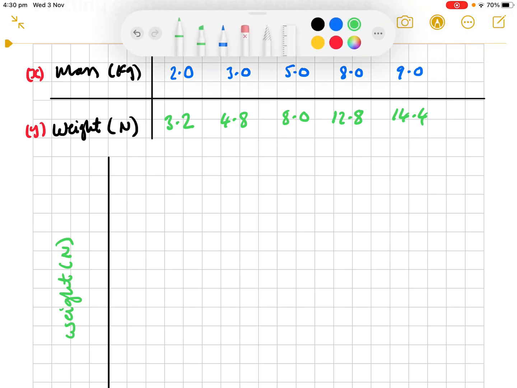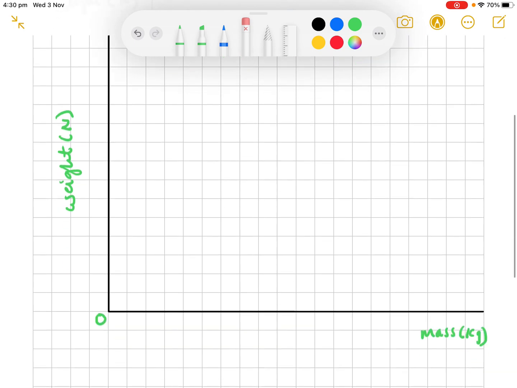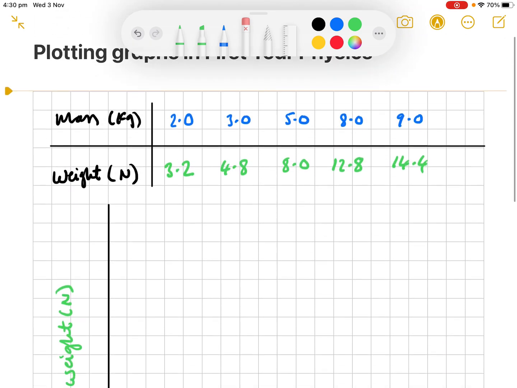You don't need to write in the letters x and y. I only put those in to help you, okay? So I'm going to rub those out now. It's not wrong if you do write them in addition to the weight and the mass, but you don't need them. So I now have to plot my points.